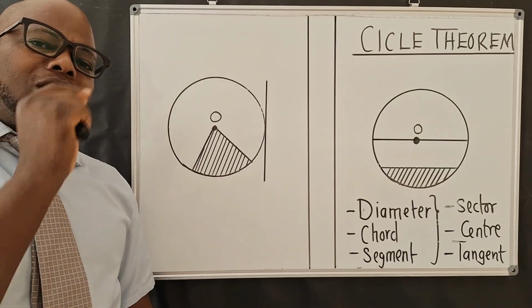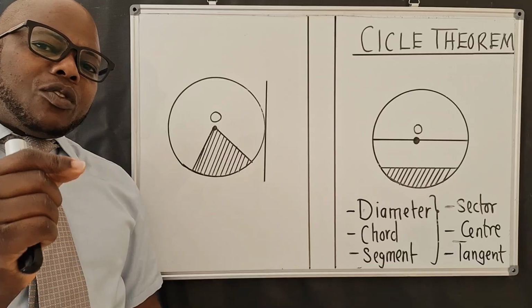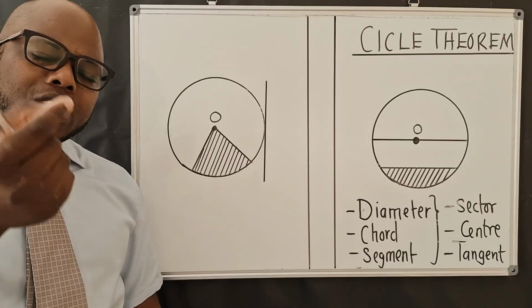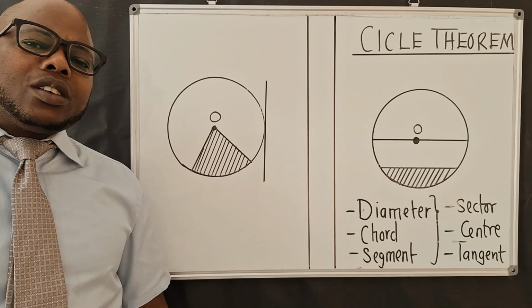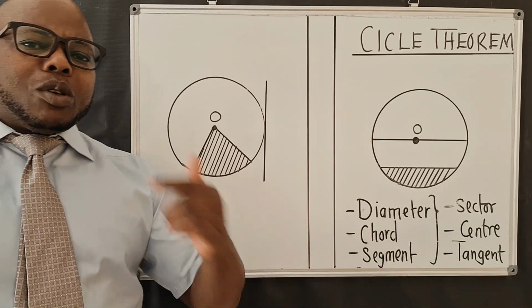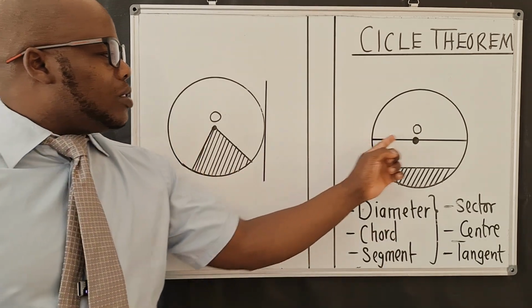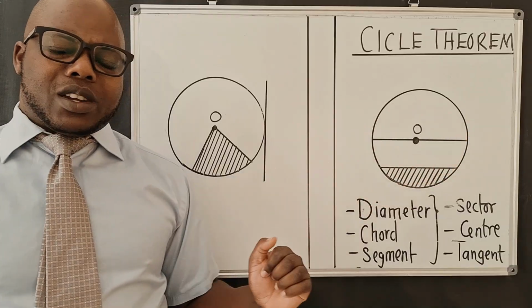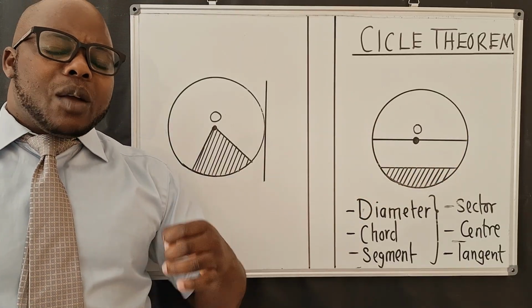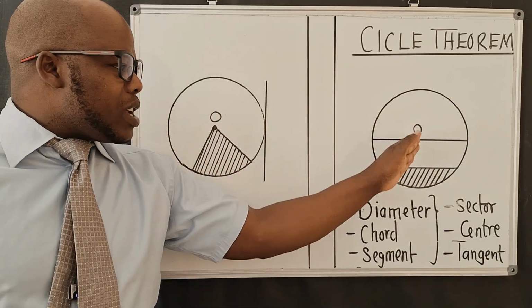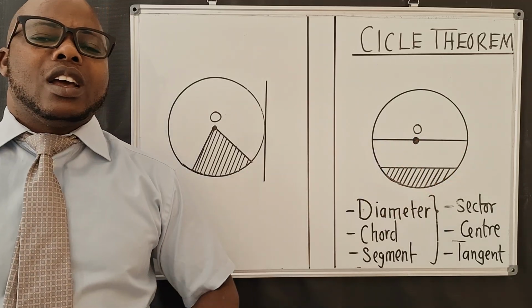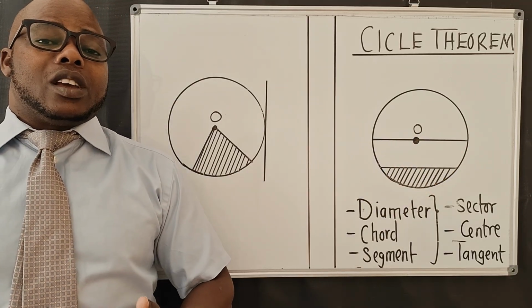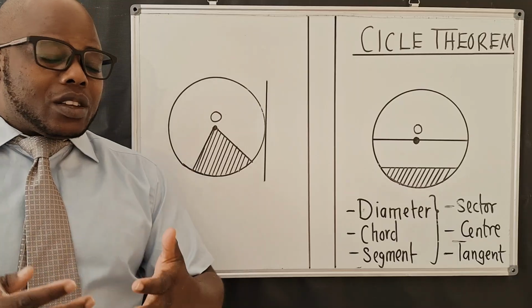For as long as that line is coming from the center to the circumference, it's a radius, and two of them, when they meet there, form what we call a sector. Now look at this. Maybe the question may be, what about this? It's a diameter, isn't it? When you cut that diameter at the center here, you remove this, what will remain here is a radius. We can say half of the diameter is a radius.